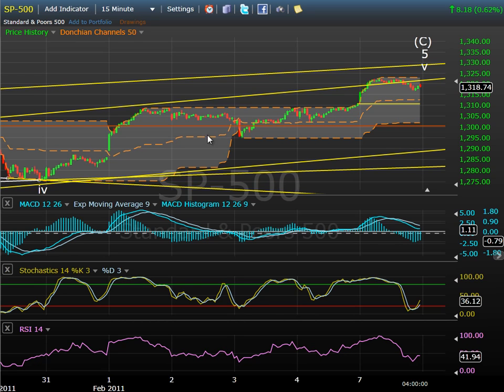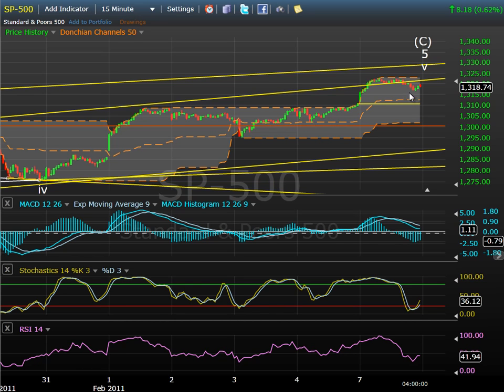Now, let's go ahead and count our waves again. We have a wave 1, a wave 2, a wave 3, actually a wave 3 right here, a wave 4. That puts us in a 5th wave right here as well.